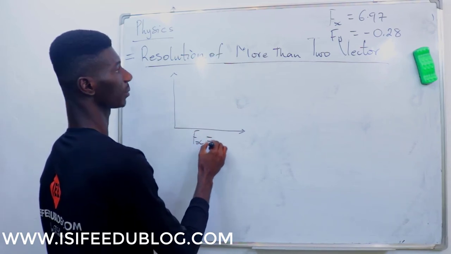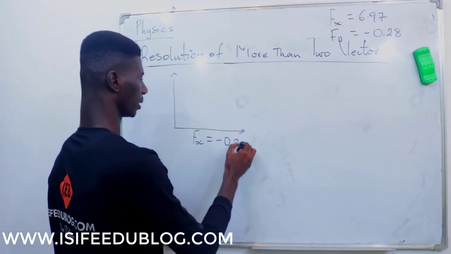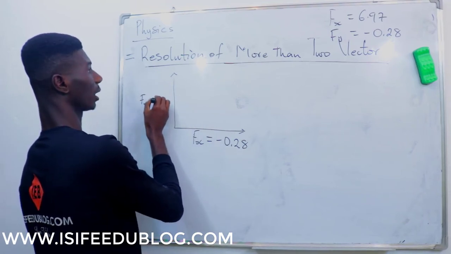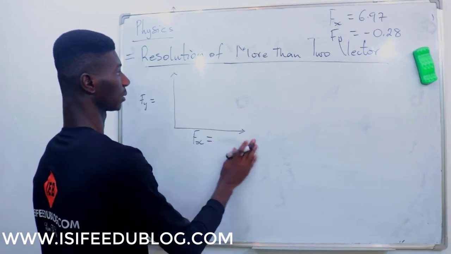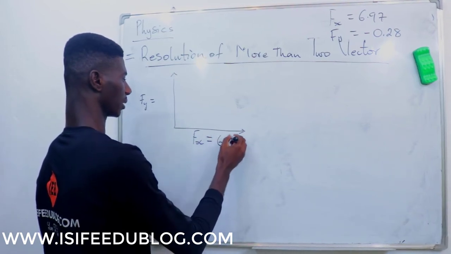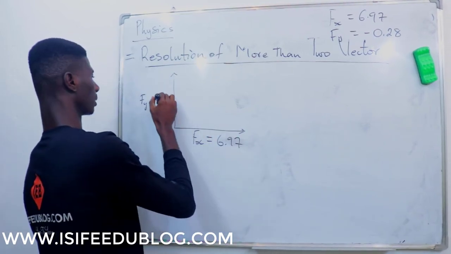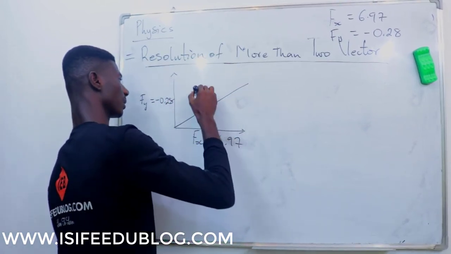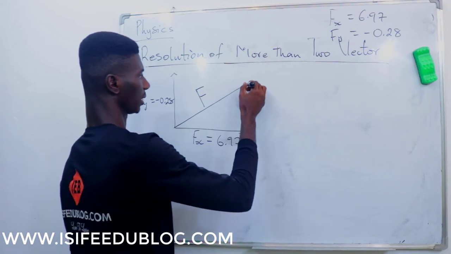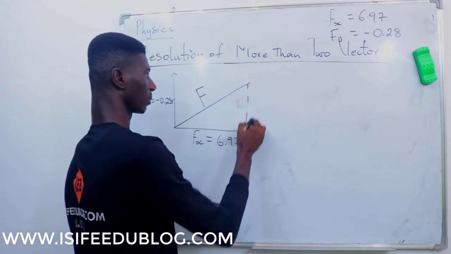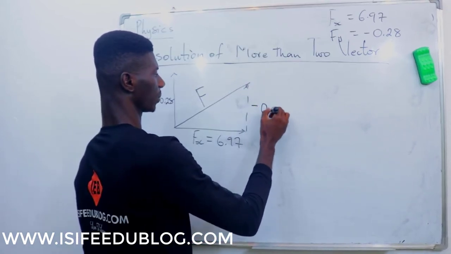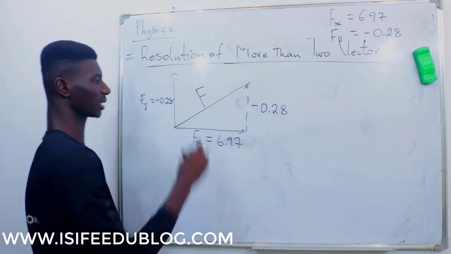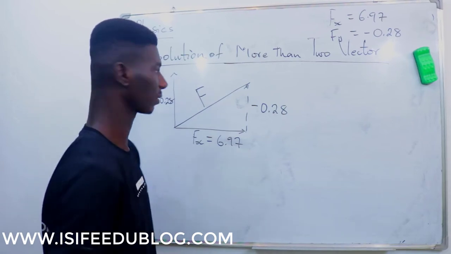F sub x is 6.97. Fy is minus 0.28. So when we bring out our resultant force, which is F, here also becomes minus 0.28. So our resultant now, we can make use of Pythagoras theorem.